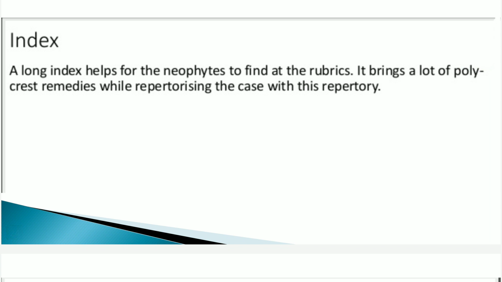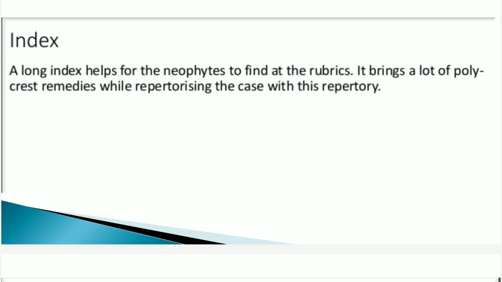Then index. If you go through the repertory, you find there is an index of rubrics. A long index helps the neophytes to find the rubrics. So through the index, we can easily reach the rubric. It brings a lot of polycrest remedies while repertorizing the case with this repertory.